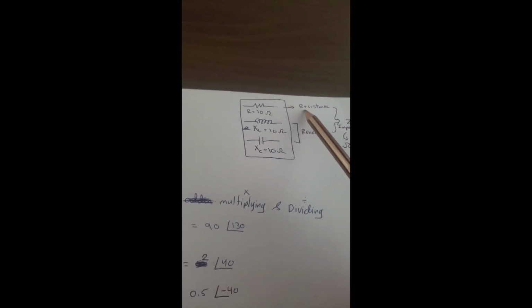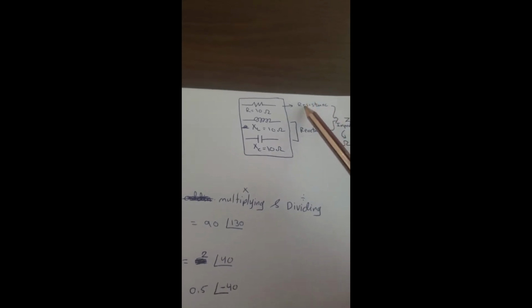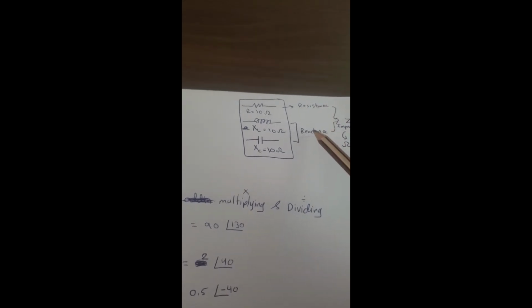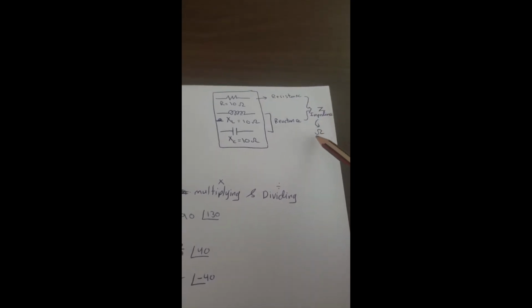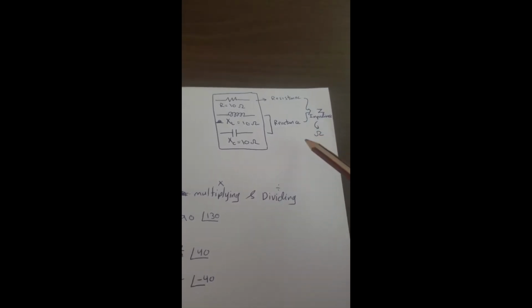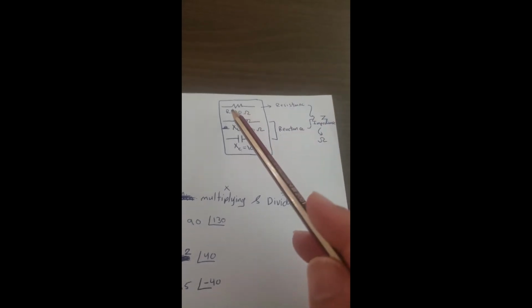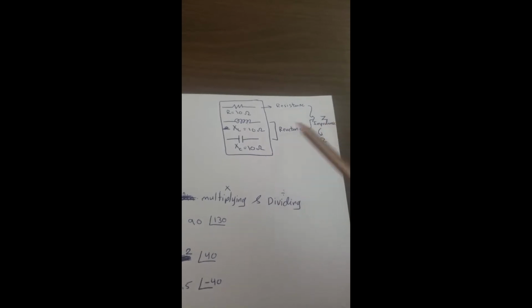Now, the resistance of the resistive load can be measured. The inductive reactance can be measured for the inductive load, and the capacitive reactance can be measured for the capacitive load. Now, the total of both two, we call it pure reactance. And here the resistance value. Now, if we add those two together to find the total, we call it Z, or impedance. So total is, the unit is ohm. Now, if this is 0 and we have only resistance, the impedance is equal to the resistance. So doesn't matter. You write it as R equal 10 ohm or Z equal 10 ohm, because the imaginary part is 0.